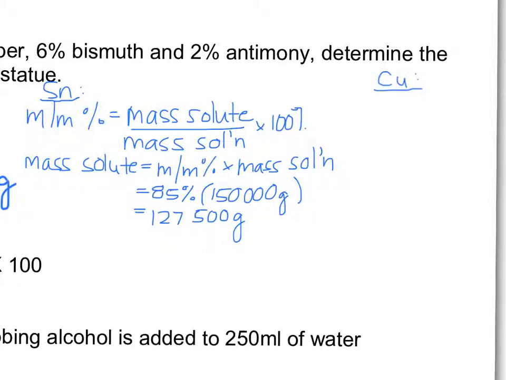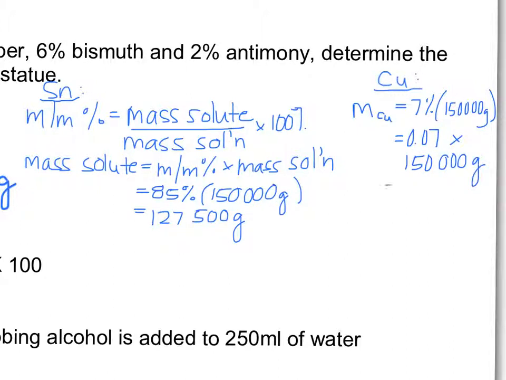So I'm actually going to go straight to the mass of the solute, which in this case is the mass of the copper, and say that it is 7% or 0.07 times 150,000 grams. So just for those of us who need to see that, that's 0.07 times 150,000, which is 10,500 grams of copper.